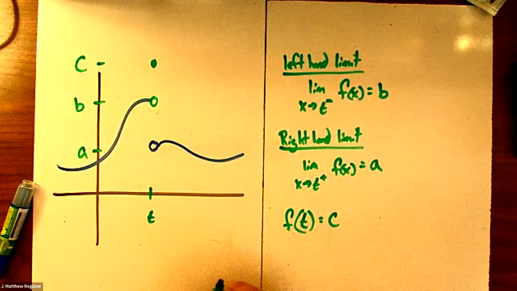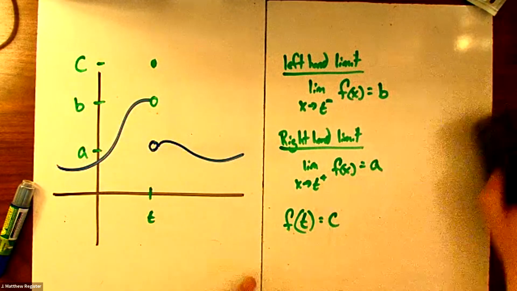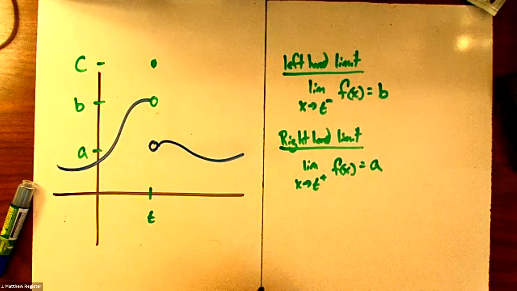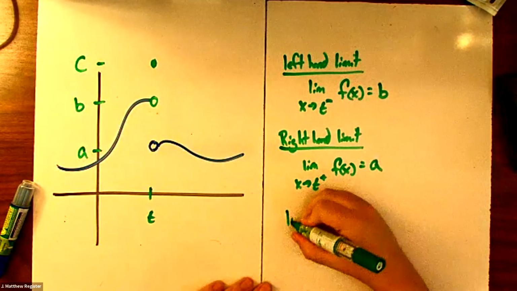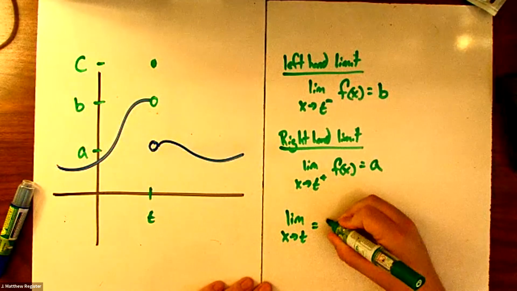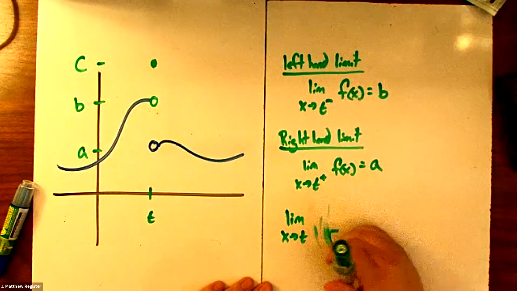To calculate the actual limit, though, the actual limit only exists if the left and the right match up. And so the limit as x goes to t is equal to L. Oh, well, I guess I should write it all out.